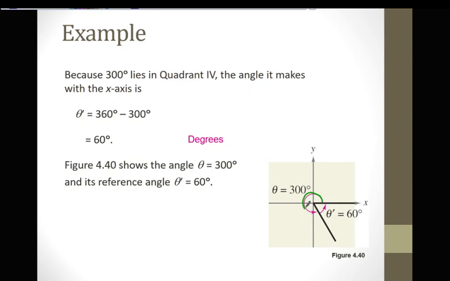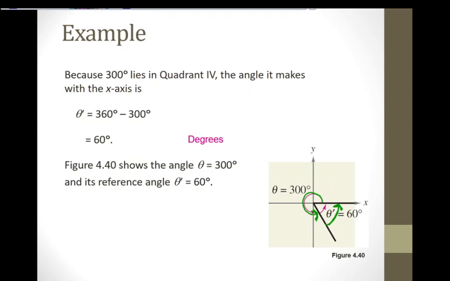It starts here and goes all the way around to right here. The reference angle is this piece right here. We know all the way around is 360 degrees, so our reference angle is 60 degrees in the fourth quadrant. We'll go over what we're going to use these for later when we cover the unit circle. But for right now, you just need to know the definition and how to find these reference angles in each quadrant.